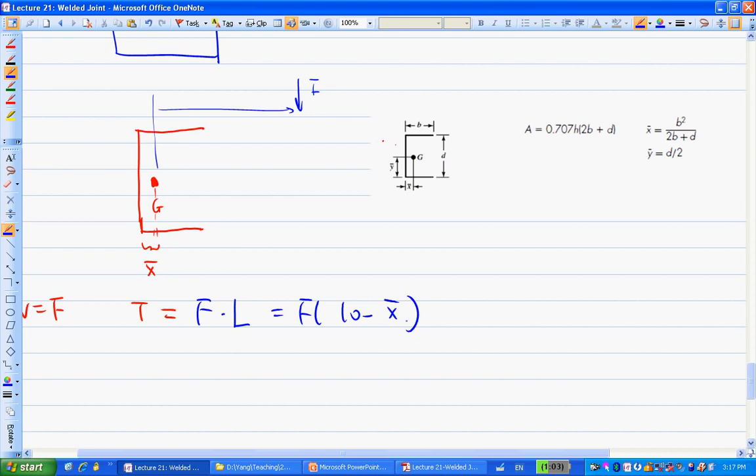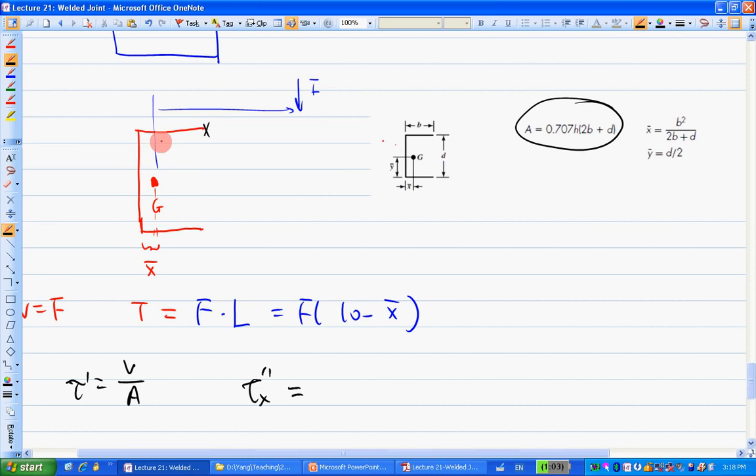Then the next thing is critical location. Where will be the critical location? Apparently, I think the critical location is still here, right? If we're looking at the critical location in here, your primary shear is still V over A, and A is this. And the tau x double prime is going to be what?